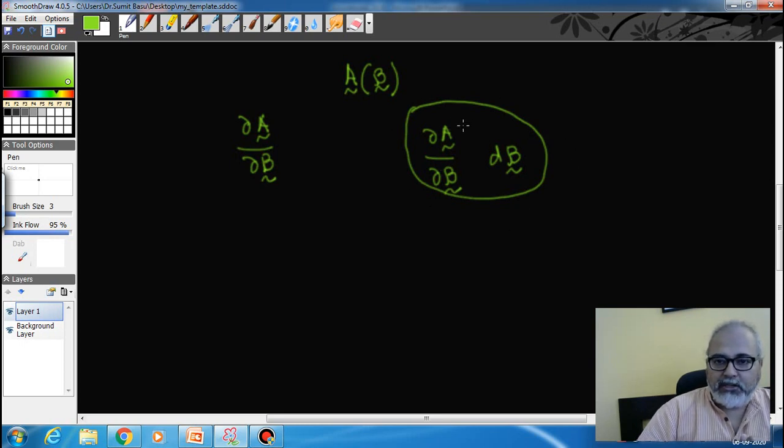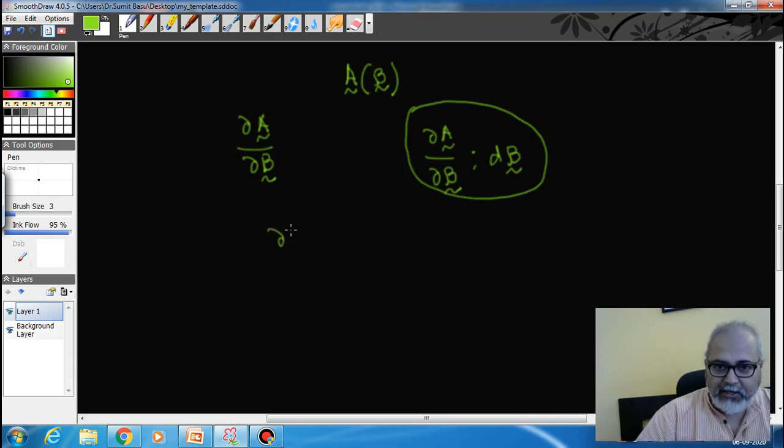So immediately we see that this has to be a fourth order tensor, and this has to be a double contraction operation. A fourth order tensor multiplying a second order tensor will give you a second order tensor, which is what you want on the left hand side of the Taylor series.